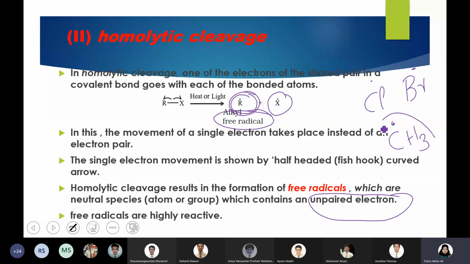This is important in organic chemistry, because we look at the carbon fragments in reaction mechanisms. Free radicals are neutral. They don't carry any positive or negative charge. They are neutral species formed after the homolytic cleavage of covalent bonds, as you see here, which carries an unpaired electron.